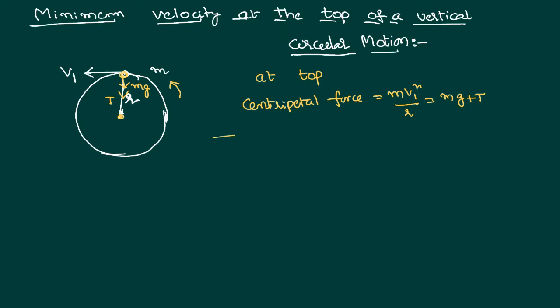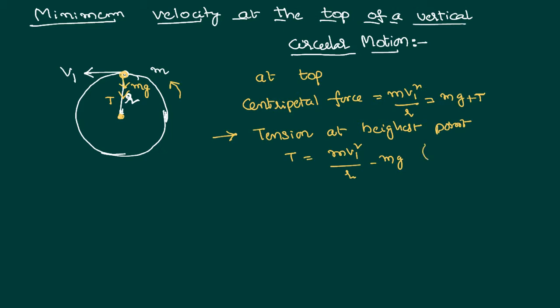Of course we can calculate the tension at the highest point as T equal to m v1 square by r minus mg, and it is the least possible value. This is the minimum tension at any point.